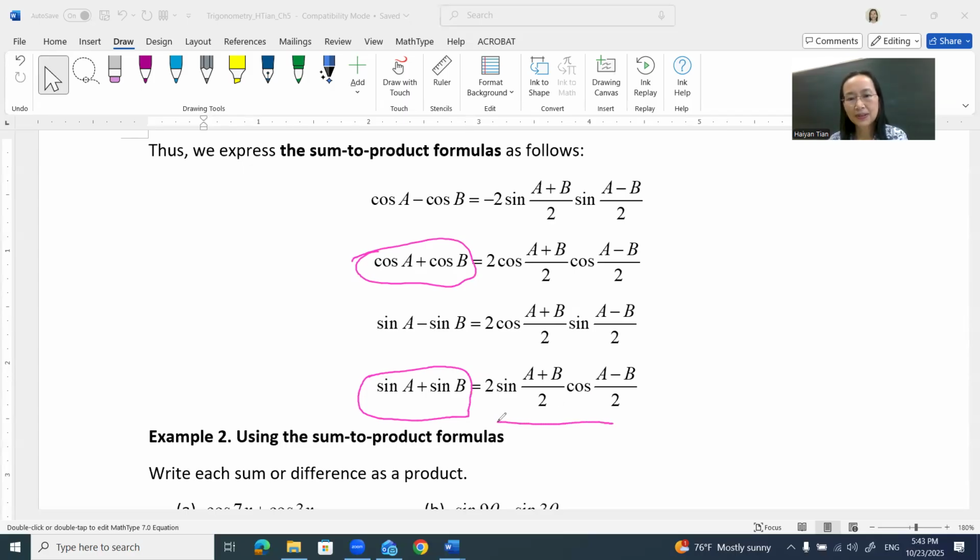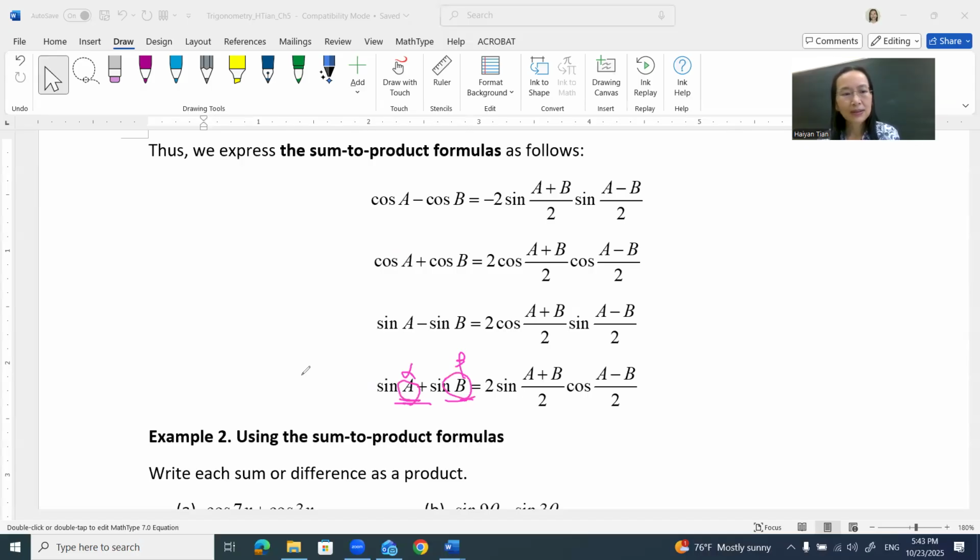Okay, so remember, we are going to replace sine plus sine. But that's just the name. You see in this problem we have alpha and beta. That's okay, but in the formula we use A and B. It's just the name.